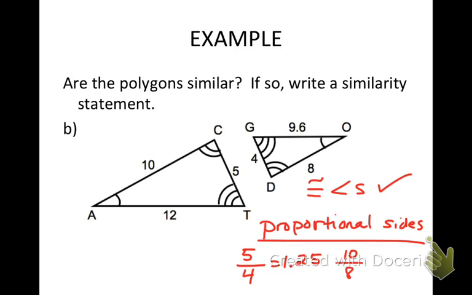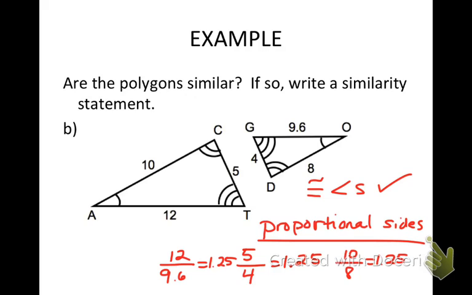So 10 divided by 8 is 1.25. So far, so good. Now let's do the largest. 12 divided by 9.6 is 1.25. So are my sides proportional?